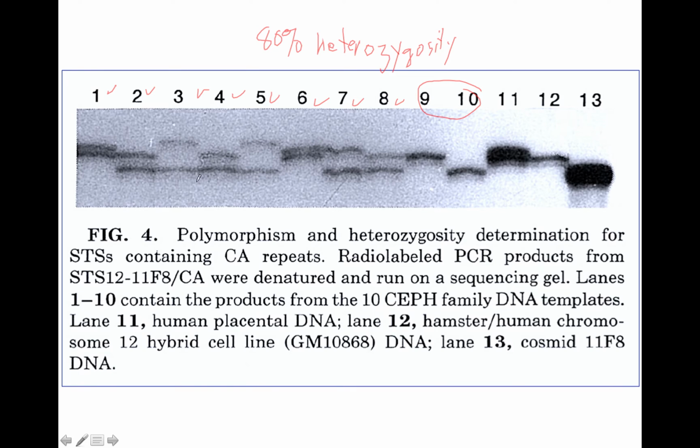Let's count the number of alleles. All you have to do is look at the different sizes of PCR products that are generated. So here's 1, here's 2, here's 3, and here's 4. Yep. 1, 2, 3, 4 different alleles, 4 different lengths of microsatellites were detected by the polymerase chain reaction.